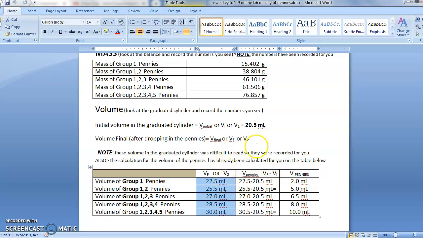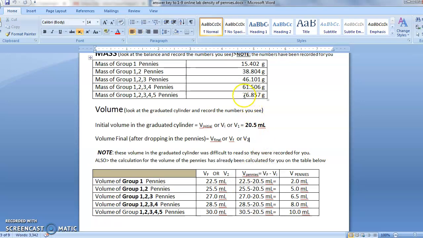So sometimes it looked like it was around 22.5, but it could have been 22, or 23, or 22.25, or 22.75. I was just guessing that it was 22.5, about in the middle. We'll see that if you're off a little bit on that decimal spot, it introduces error into the lab. But that error is acceptable.